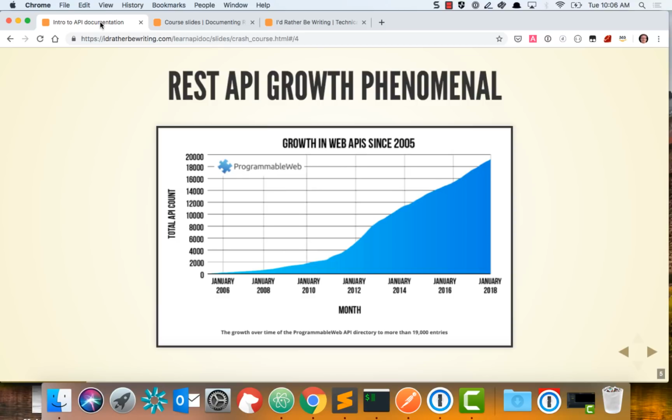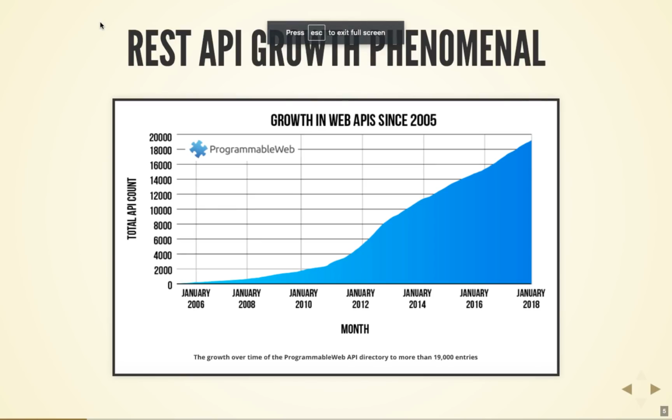And among the types of APIs, REST is really growing in a phenomenal way. This is a chart on ProgrammableWeb.com, which is a site that tracks all kinds of web APIs, and it describes them, gives links to them.